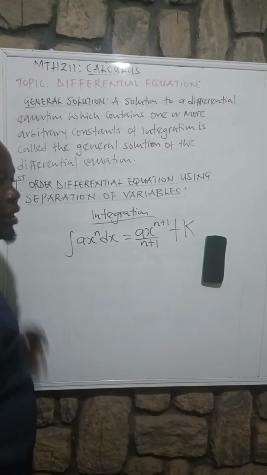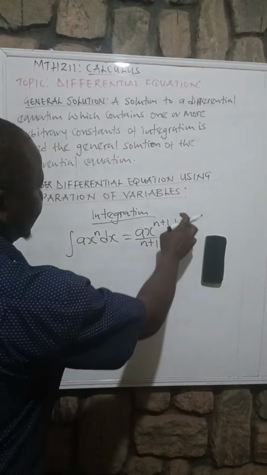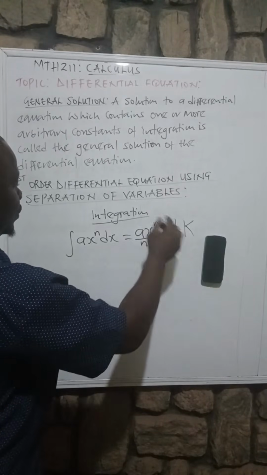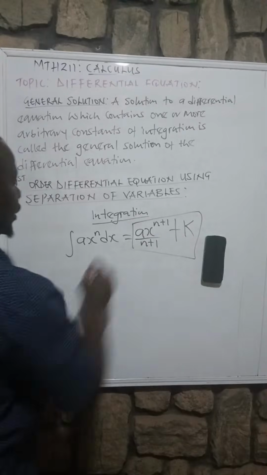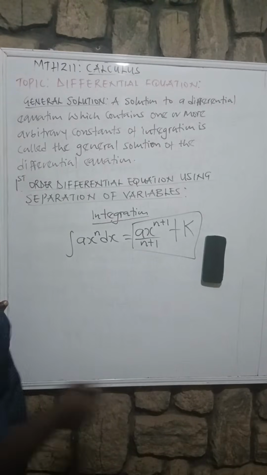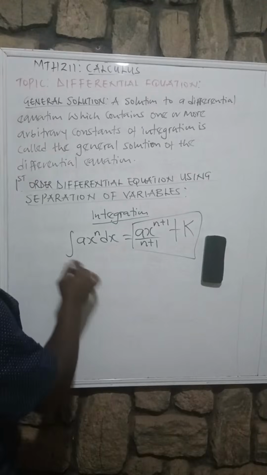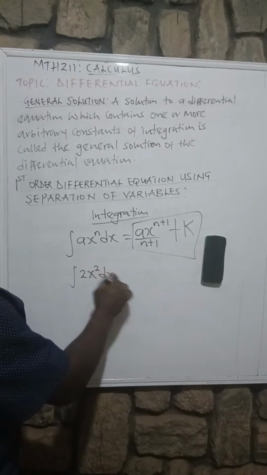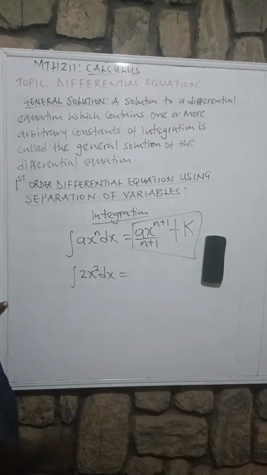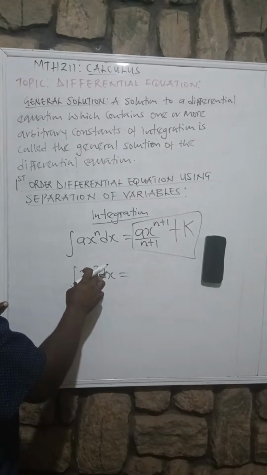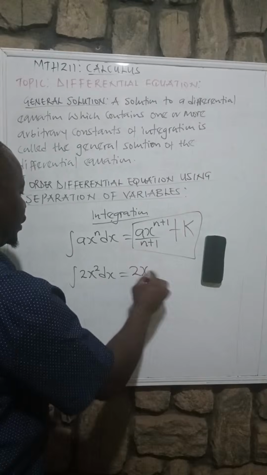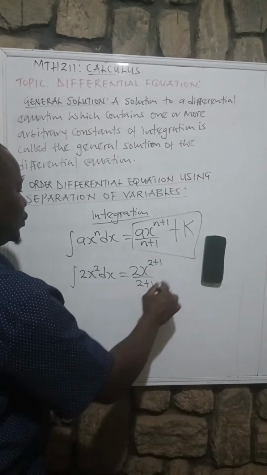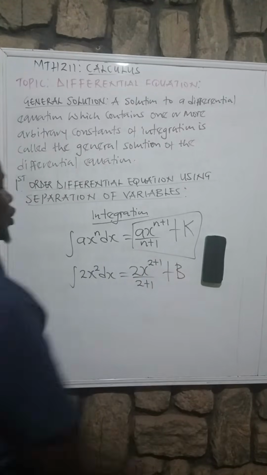It could be k, b, a, but let it be a capital letter. This is the mathematical definition of integration. So let's fix the idea with an example. If you are asked to integrate 2x raised to the power 2 dx, this is your n, true or false. So here it will be 2x raised to the power of 2 plus 1 all over 2 plus 1 plus any constant. Do you agree with me?